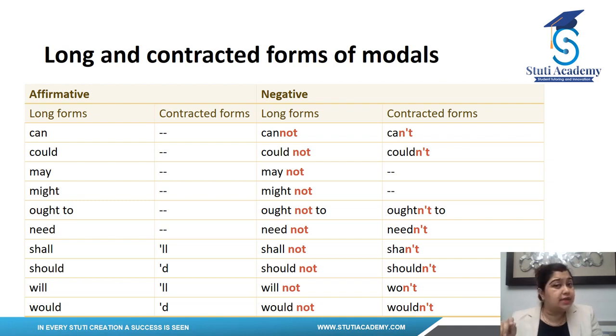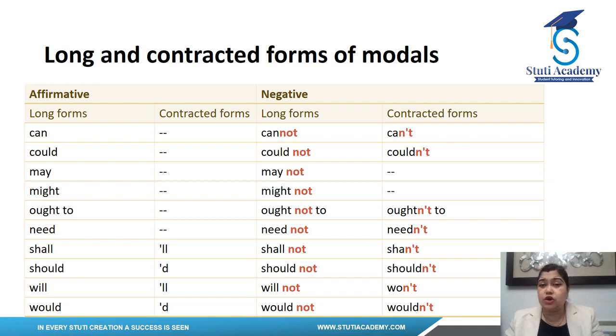Might. Might also has no contracted forms in the affirmative. And for negative, you have might not with no contracted forms. So may and might are the two modal verbs which do not have contracted forms, neither in the affirmative nor in your negative forms.